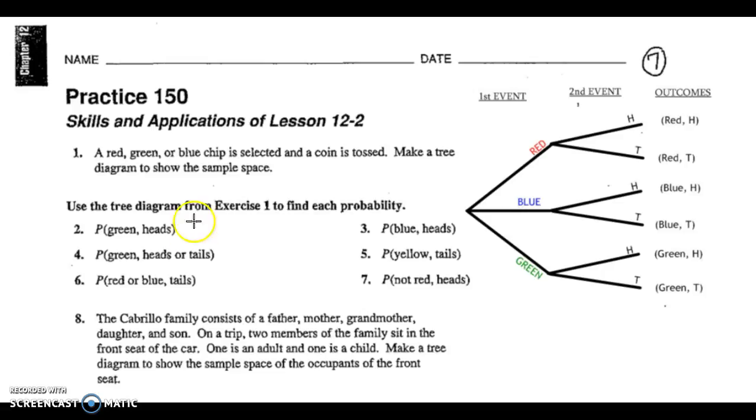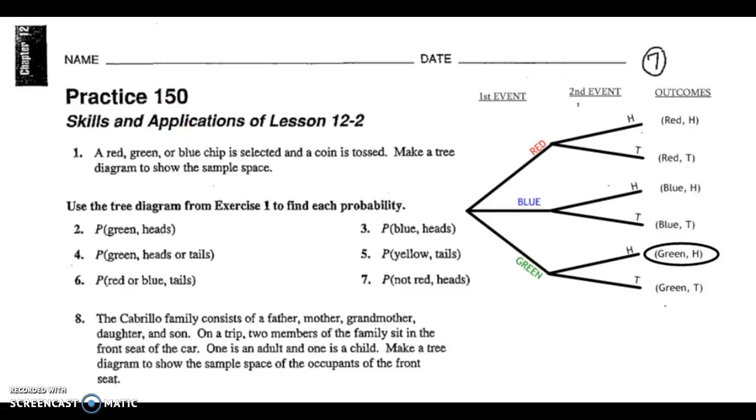So if we look at the problem, the first problem talks about the probability of green and heads on the coin. Well, we can see that there's only one outcome. Pardon me, that's the wrong circle. We can see there's only one outcome that talks about a green chip and landing on heads. All these other outcomes either have heads and a different color or green and a different side. So the probability of getting a green chip and heads is 1 out of these 6 different possibilities.